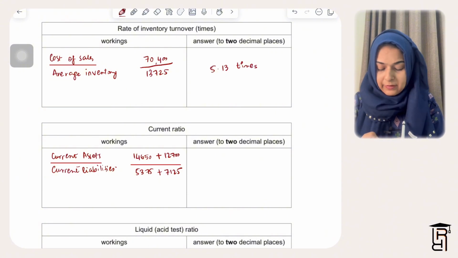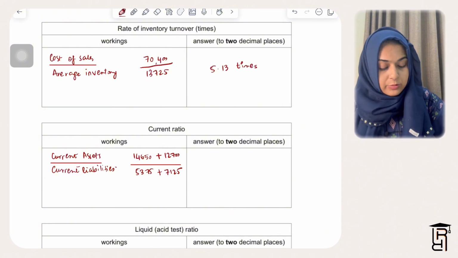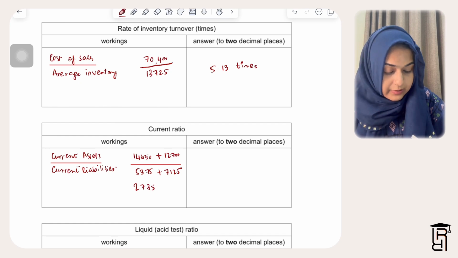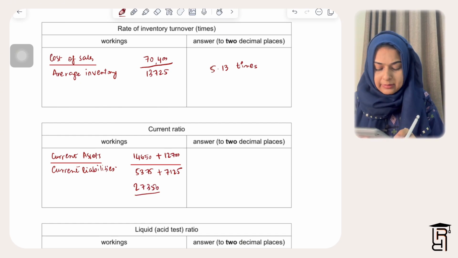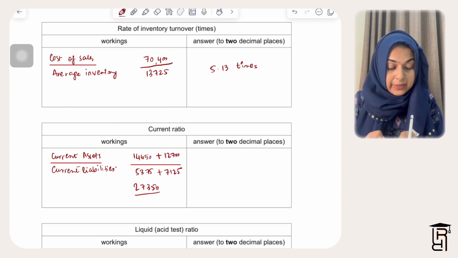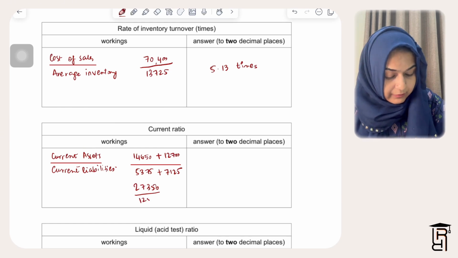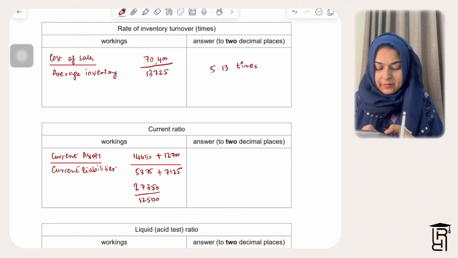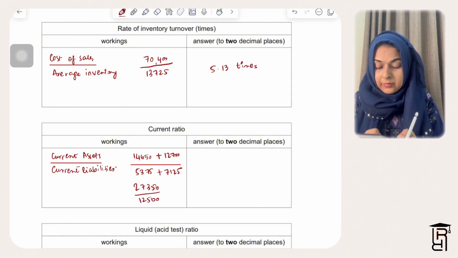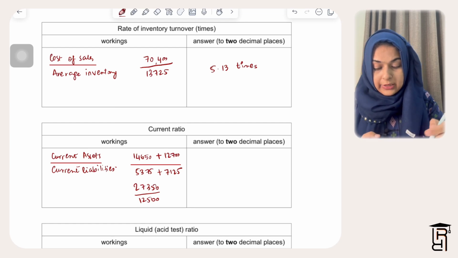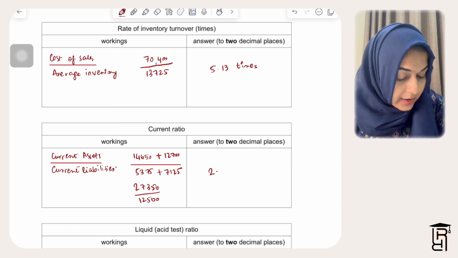So 14,650 plus 12,700 will be 27,350, and 5,375 plus 7,125 will be 12,500. So 27,350 divided by 12,500 will give us 2.19:1.